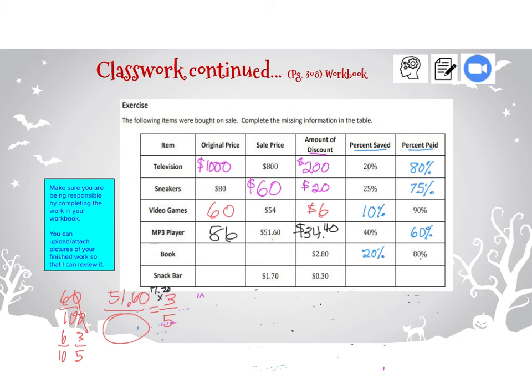It said the amount of the discount is $280. So I'm almost saying, well, $280, but I don't know the sale price. I almost want to multiply it. And then I've got the percent saved is 20. So do I go 20 over 100?